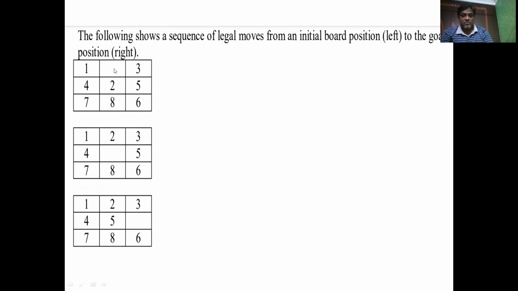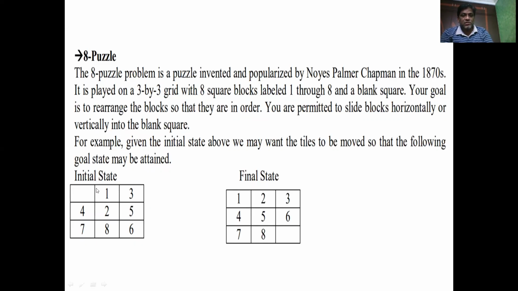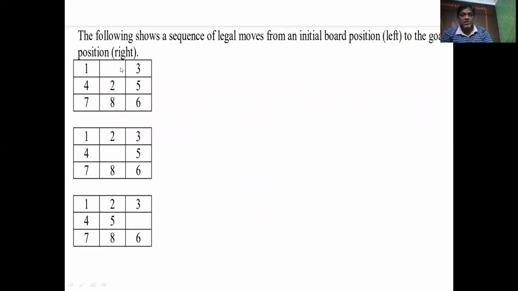Initially, here is the empty location. So 1 is moved towards the left. The move is to move that block 1 towards the left, and then 2 is moved up, and in the next iteration 5 is moved towards the left.